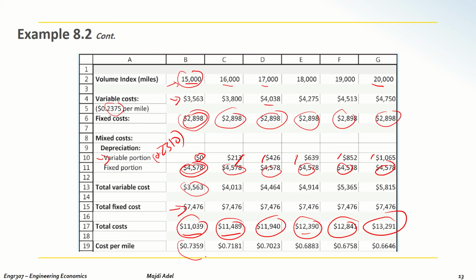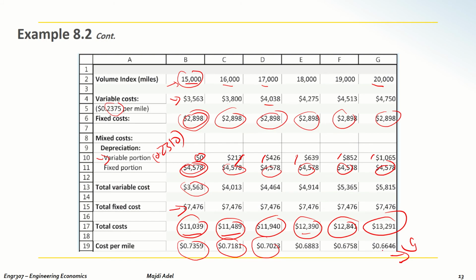And here we see the cost per unit. As you can see, as we travel more, the cost per unit decreases. For 15,000 miles, the cost per unit is 0.7359.